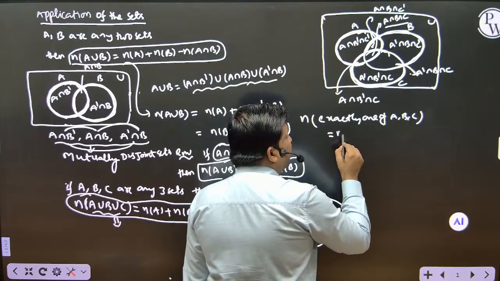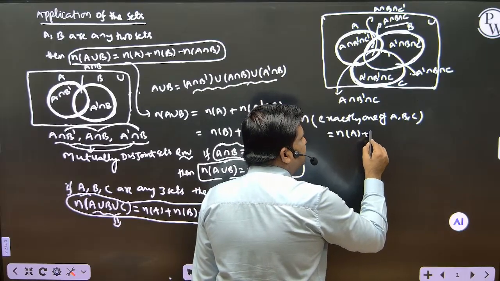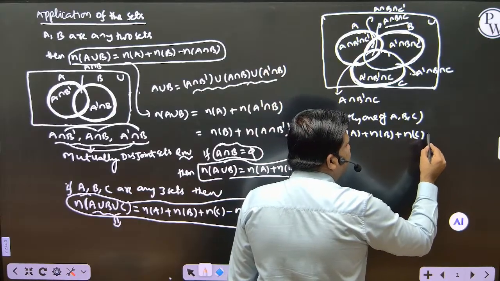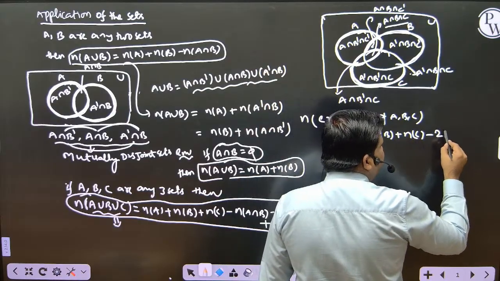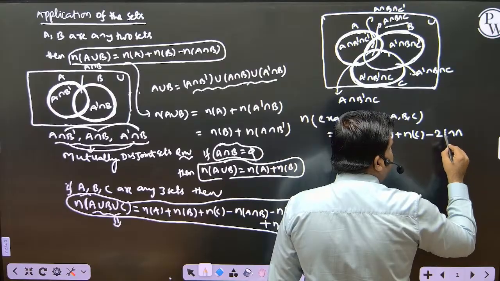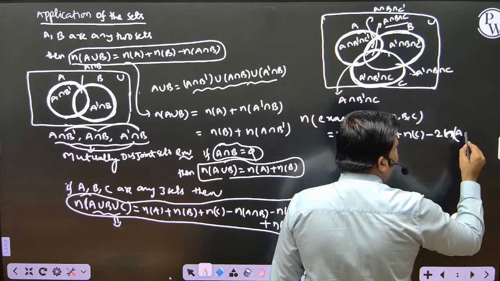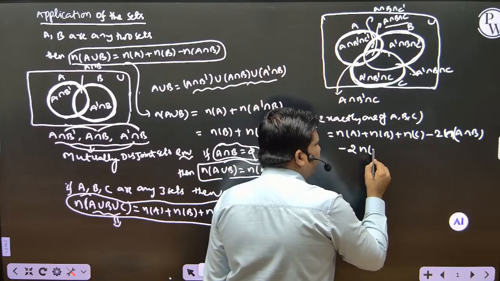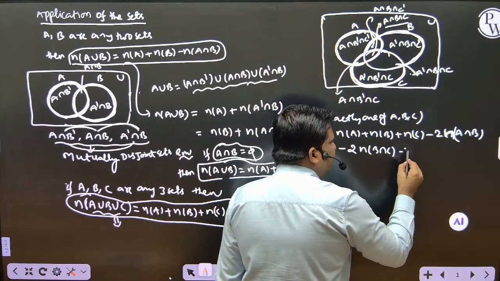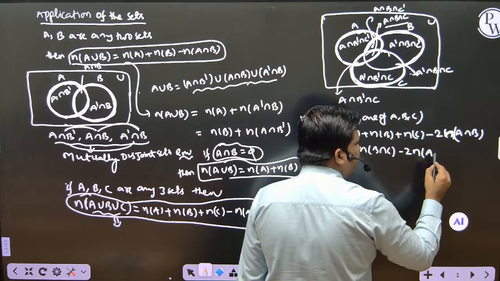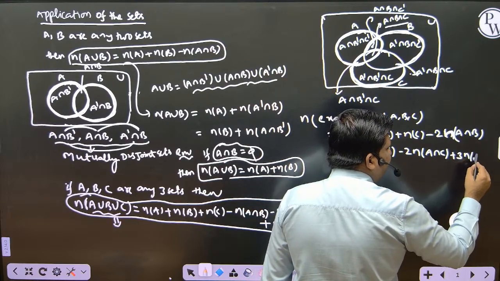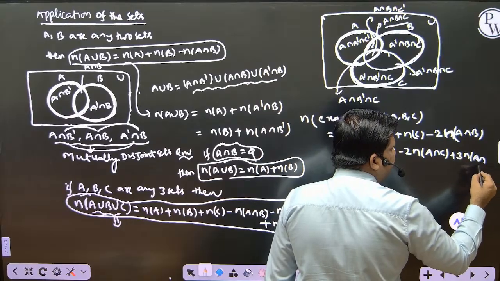It gives n of a plus n of b plus n of c minus 2 times n of a intersection b, minus 2 times n of b intersection c, minus 2 times n of a intersection c, plus 3 times n of a intersection b intersection c.